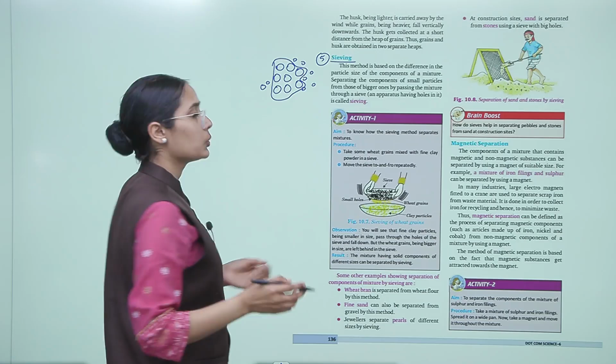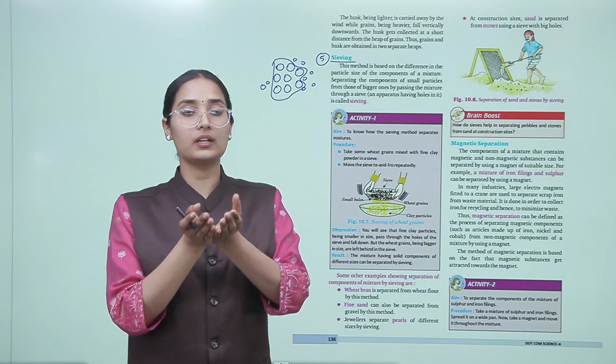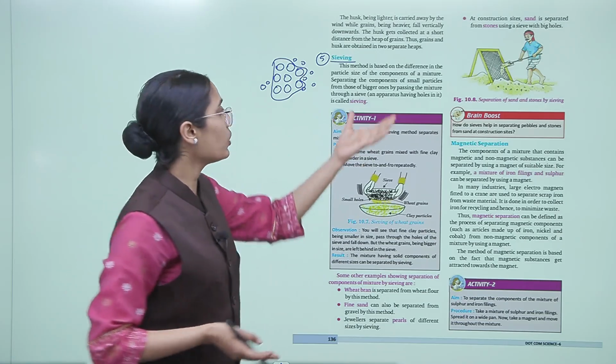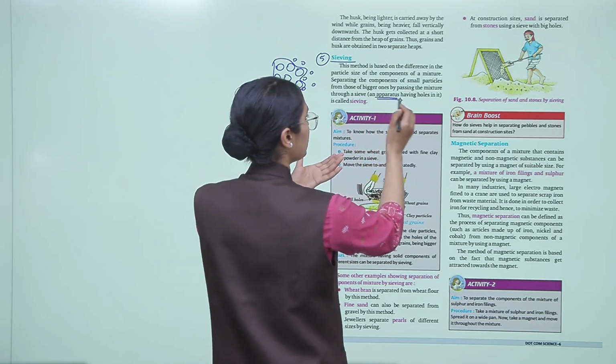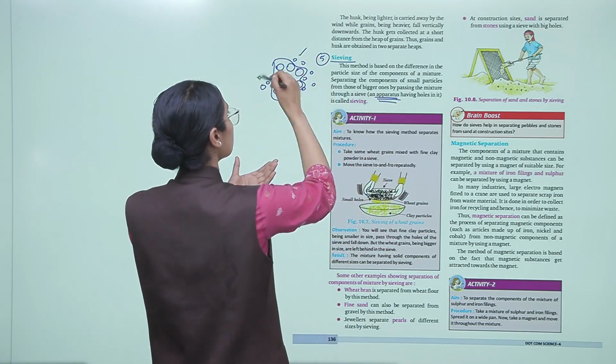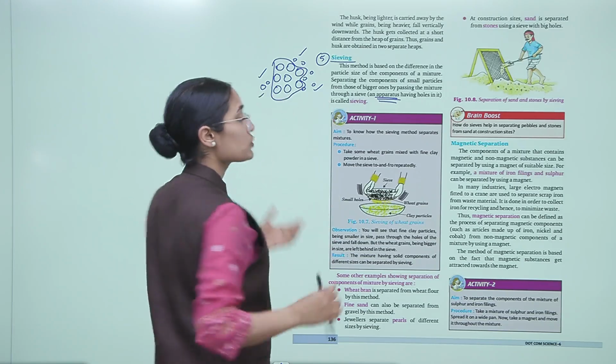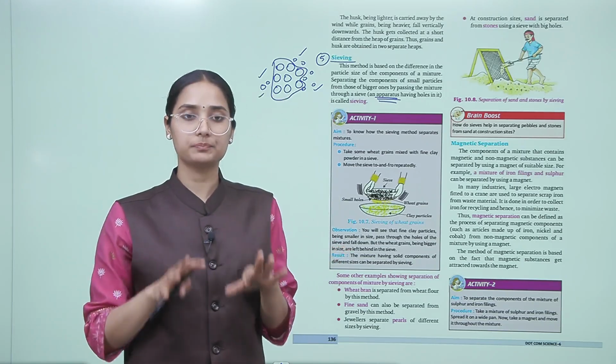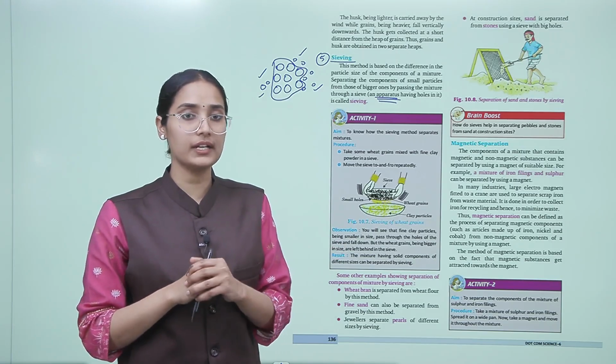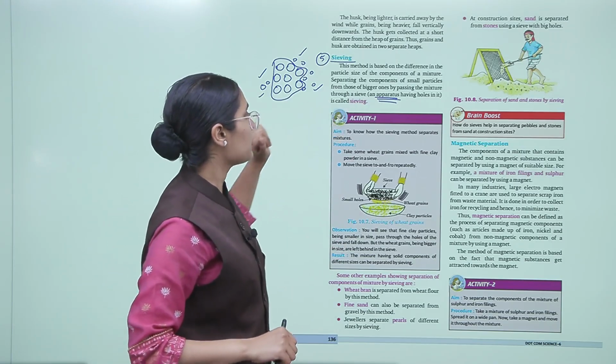This larger component will be held back by this apparatus, and the component of smaller size will fall downwards, right? So this is how this process happens.